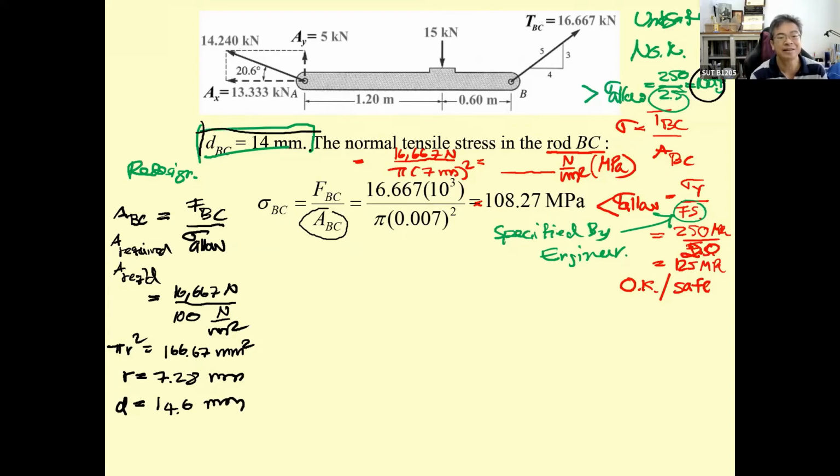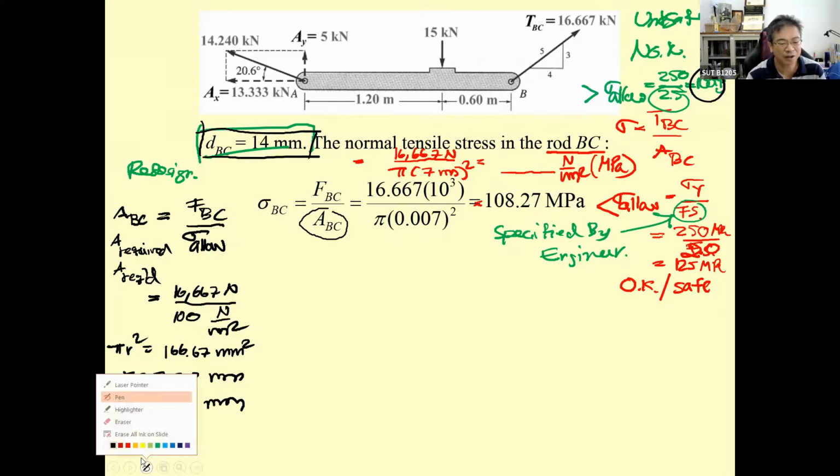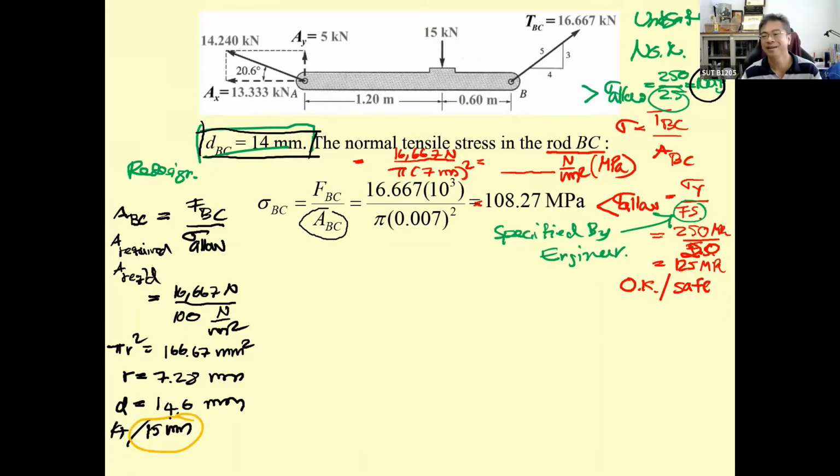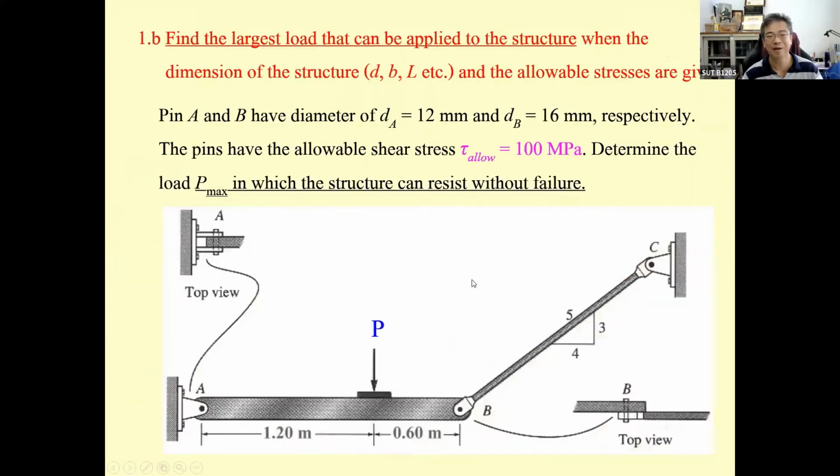See, it's a little bit larger. When you go to the store, they sell it for 15 millimeter or 14 millimeter. You guys got to select the bigger one. Only this. So the problem 1.A can be crossed to the design by using this kind of concept.